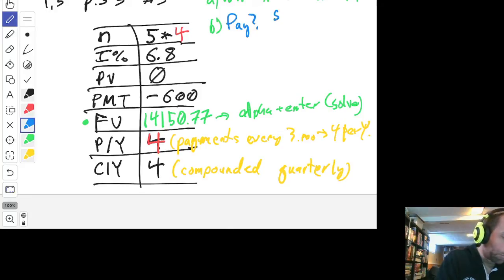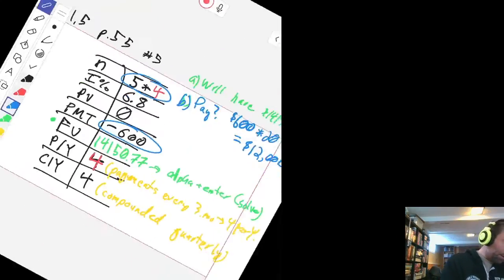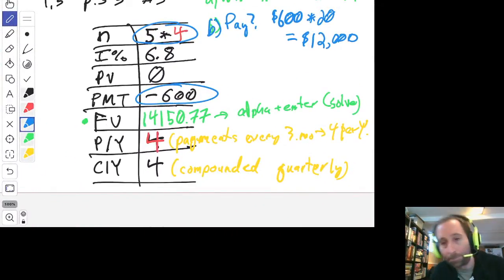Well, $600 every 3 months. And how many of those payments were made? We made 20 of them. So $600 per payment times 20 total payments. This is $12,000. So that's the amount of money that Fraser paid towards the investment over those 5 years.